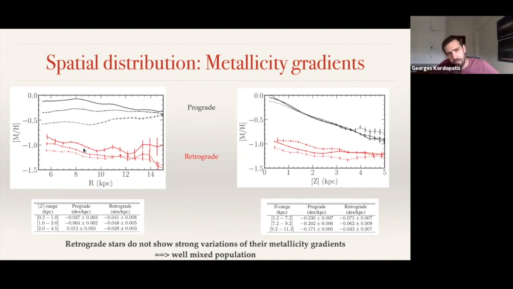So you have obviously a shift here that is a reflection of this vertical gradient here. But what you see basically is that the gradient is the same, and that the retrograde stars in our sample do not show strong variations of the metallicity gradients, and that therefore it is the first hint, and we will see later on, that it is a well-mixed population, right? In the probed volume, you cannot see any dramatic differences in the way the metallicities are distributed.